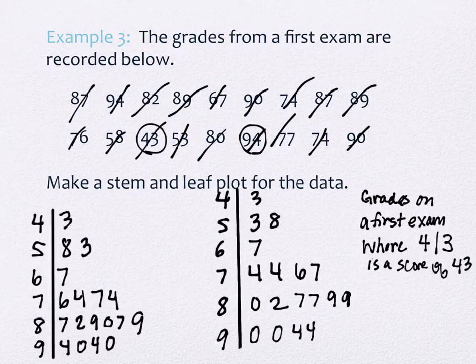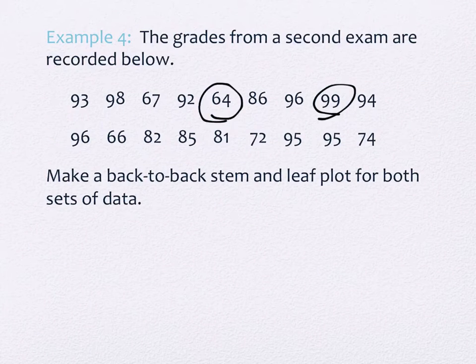I don't need to go from the 40s to the 90s. But I'm going to merge these two together, so I'm going to write it from the 40s to the 90s in a minute anyway to combine these two into a single graph. Just as an awareness kind of thing, I am going to have to include that eventually. But for right now, we can include only the stems 6, 7, 8, and 9.